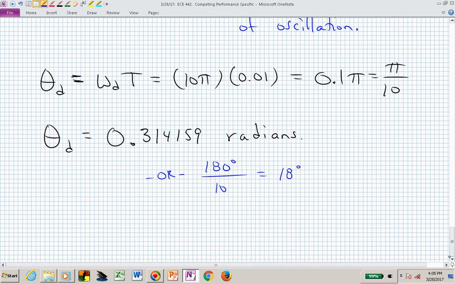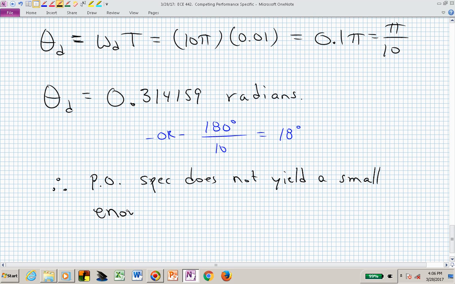So in this particular case, we can see that we don't have consistent performance specifications. Here, the percent overshoot specification does not yield a small enough time to peak, or peak time.